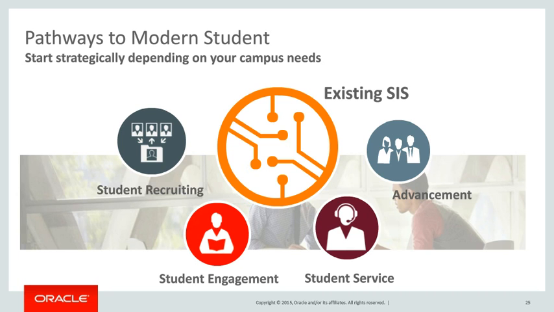But the idea is, let's start on something that's small, let's generate some quick wins, and then let's grow that out to the institution so that we're managing that entire student life cycle, delivering contextual and, for lack of a better term, omni-channel experience across mobile and all social and communication channels to a student that's really meeting the expectations that they have today.